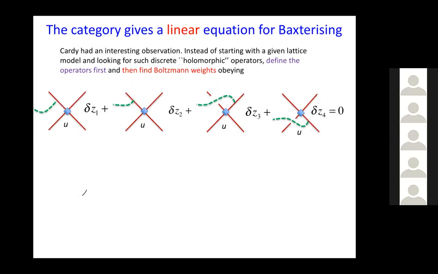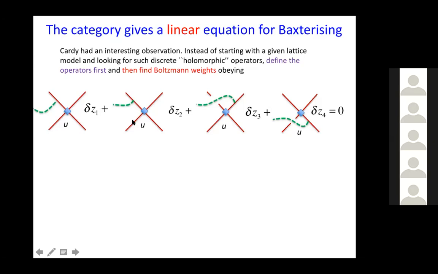Cardy, in looking at this, found all these solutions. It didn't work to prove what Smirnov proved for Ising, but it did work for Ising. What he wanted to show was, what good is it? So he said, okay, I've got this nice relation. First, let's define these operators the way I would do in the category theory. And then I have this Boltzmann weight here, but instead of picking my lattice model and thus determining the Boltzmann weights, I'm going to leave that undetermined.